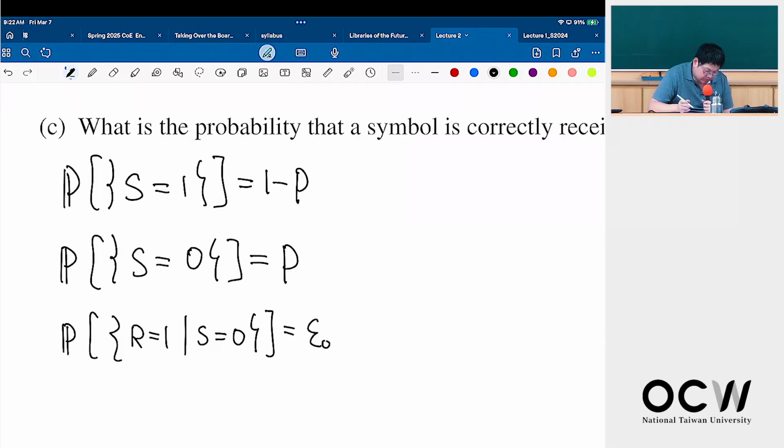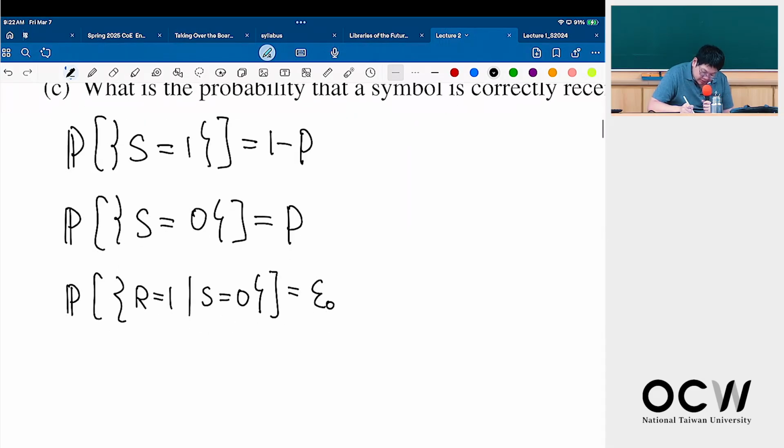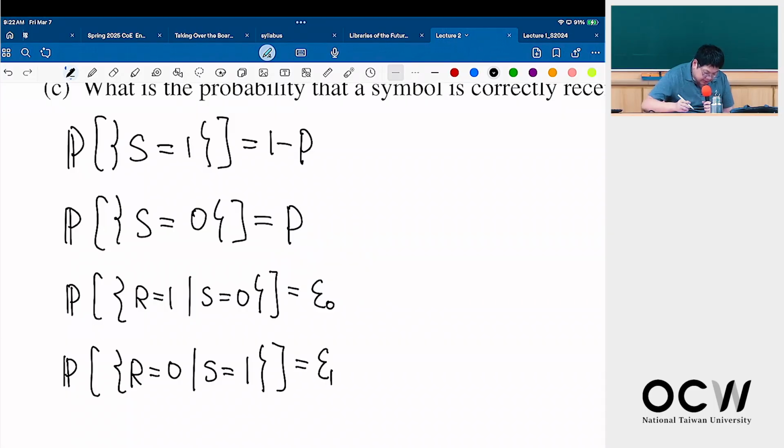That is epsilon naught. And also, given I sent 1, but actually I received 0, that is the probability epsilon 1.